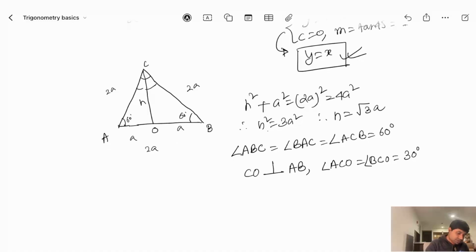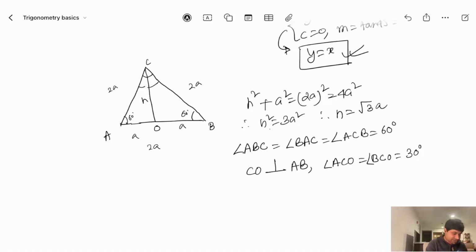So now from this entire picture we can easily solve what is the value of sine 60, what is the value of cos 60, and what is the value of tan 60. So if you see clearly, you can pick any of the 60 degree angles. Let's say I choose this as a 60 degree. Then what is the value of sine 60 here?